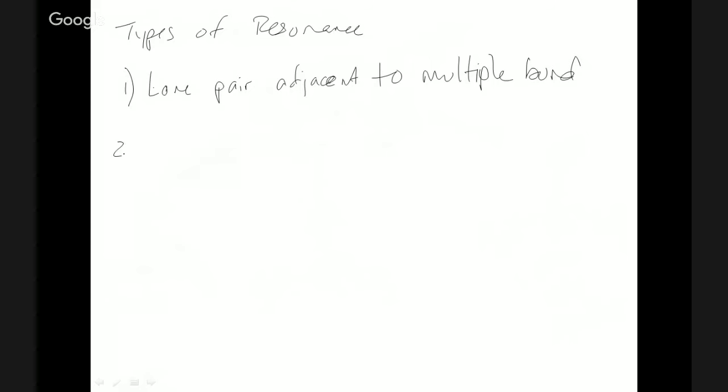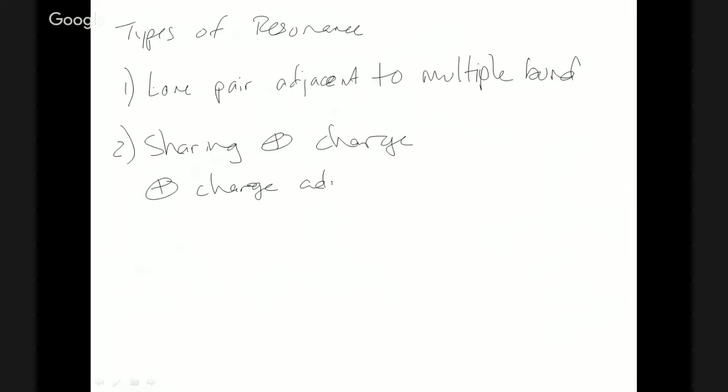We showed a positive charge, to be consistent in the language, you could say this: a positive charge adjacent to a multiple bond. So you can have a lone pair next to a multiple bond. You can have an anion next to a multiple bond.